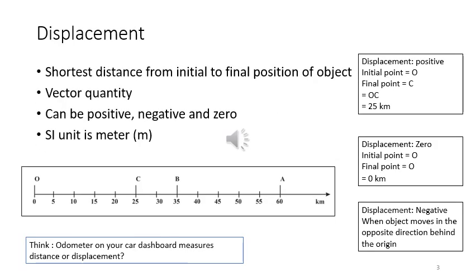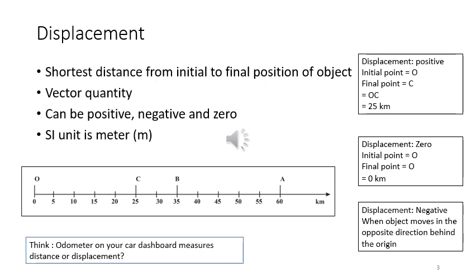In the previous slide, we were talking about distance. Distance means the actual path traveled by an object. Distance is a scalar quantity. Now this slide will tell us about displacement. There is a difference between distance and displacement. Let us try to see what it is.